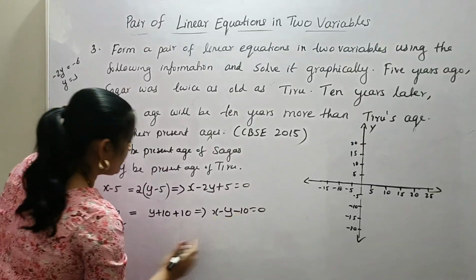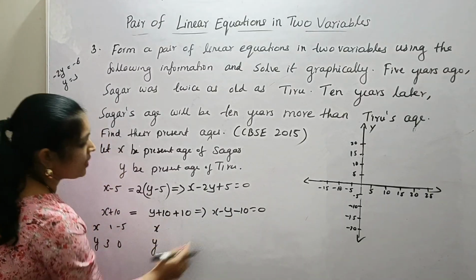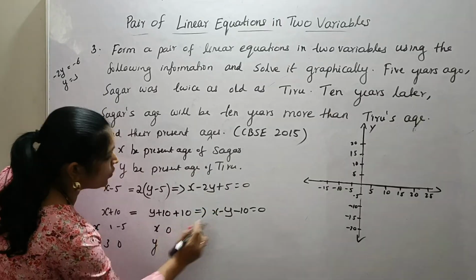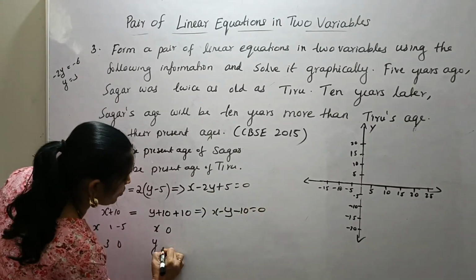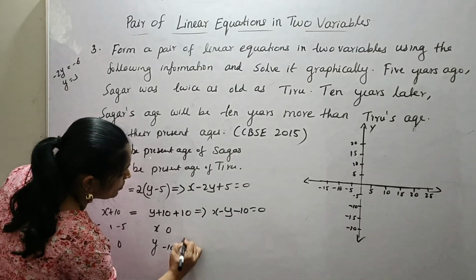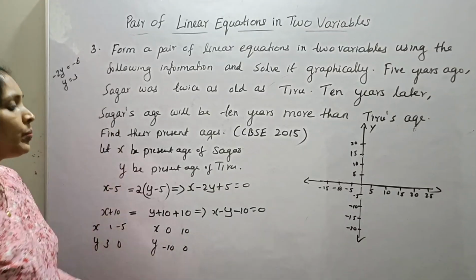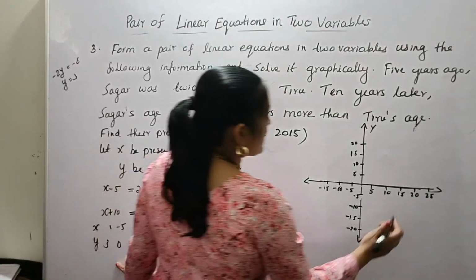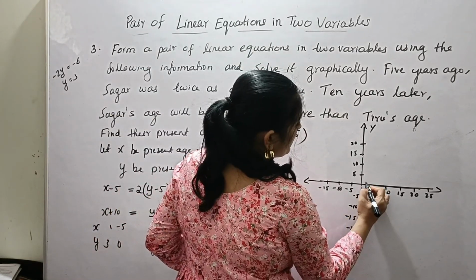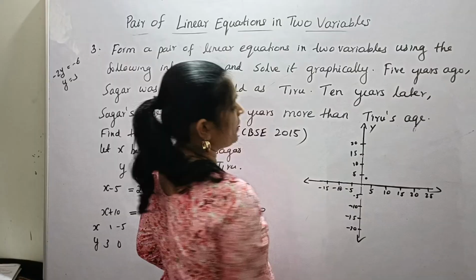Okay, next this one, x, y. Put x is equal to 0. When x is equal to 0, y is equal to minus 10. When y is equal to 0, x is equal to 10. Now plot these points. x is equal to 1, y is equal to 3. Let's take somewhere here 1, 3. Okay, this point.